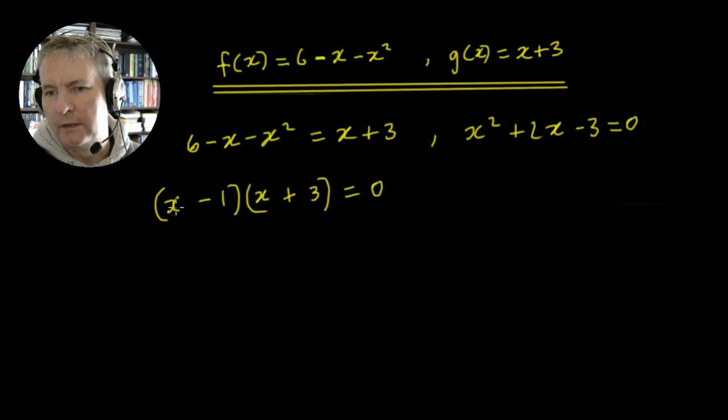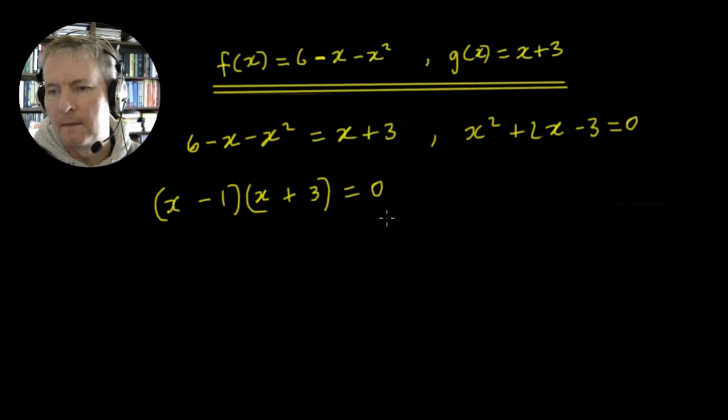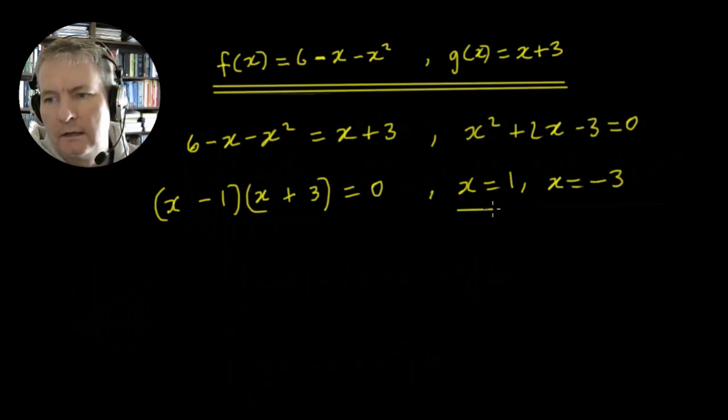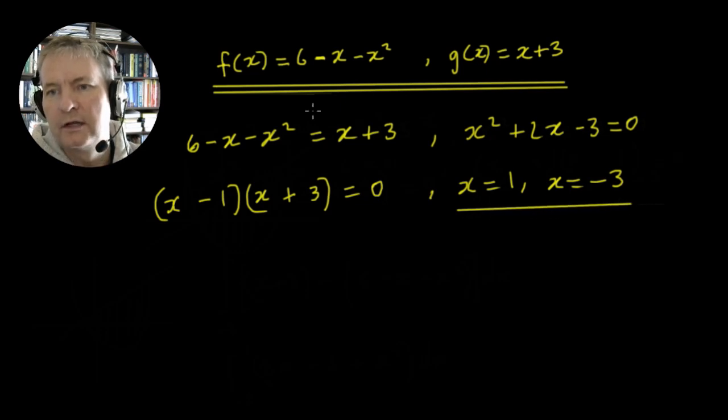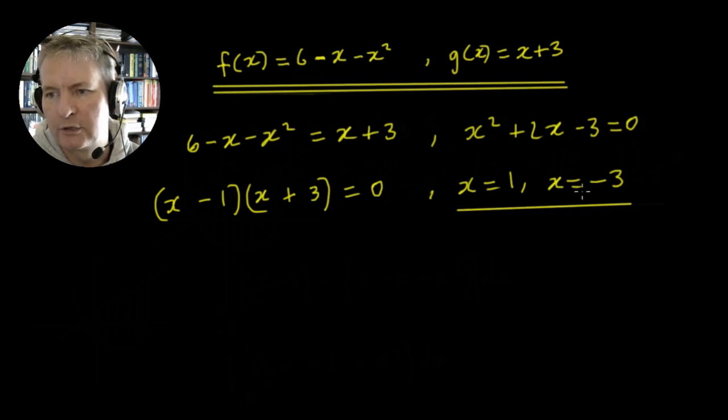We're going to have x squared, we're going to have 3x minus x, which is 2x, and we're going to have minus 3. So the roots then are going to be x equals 1 and x equals minus 3. These are the 2 points where both the functions f of x and g of x will cross each other, so they're the x coordinates.